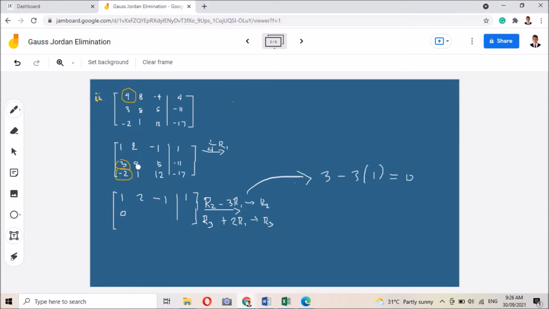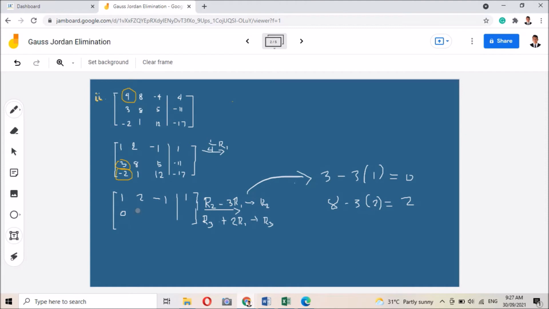Then for the next entry, 8: 8 minus 3 times the r sub 1 entry in this column, which is 2, will give us positive 2.